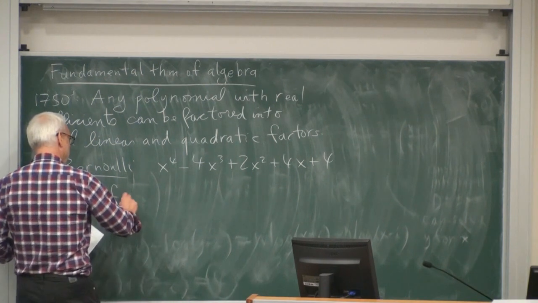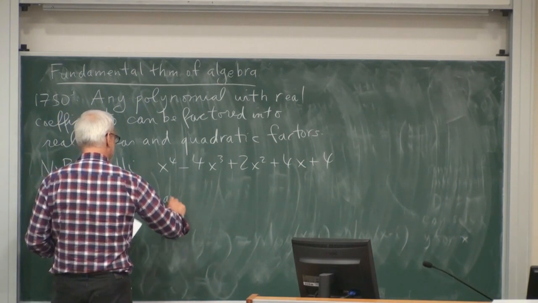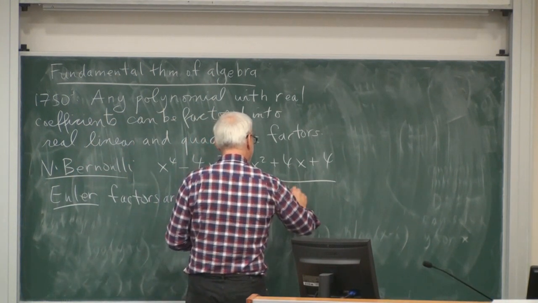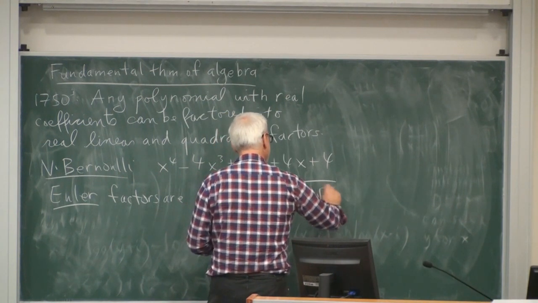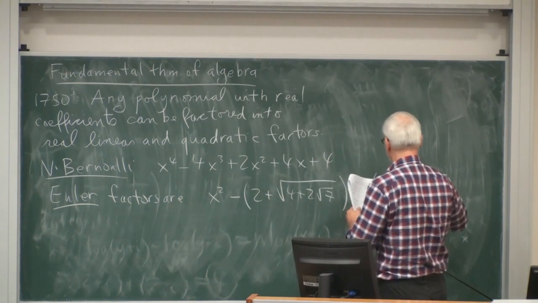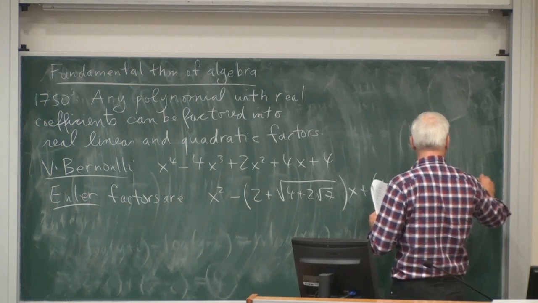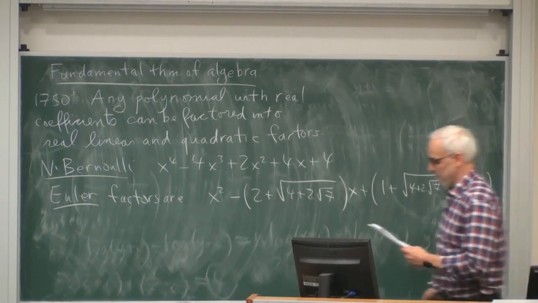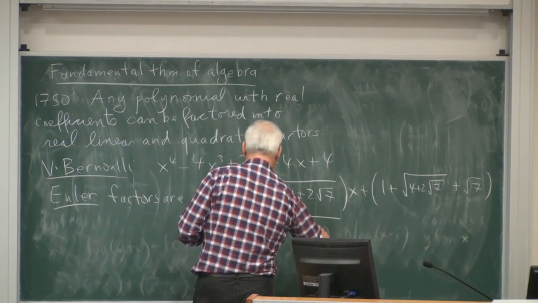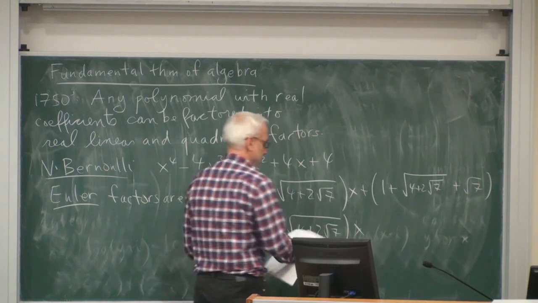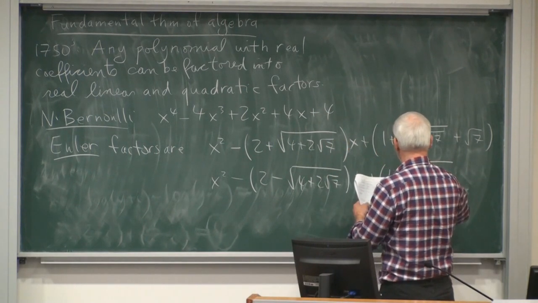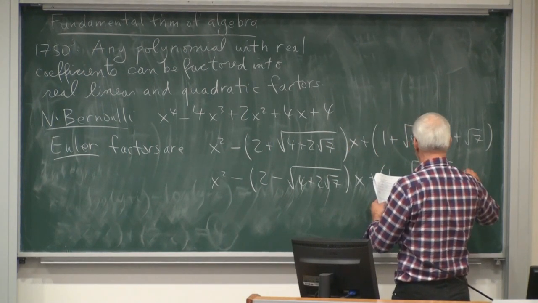There are two factors. The first one is the quadratic x squared minus 2 plus square root of 4 plus 2 square root of 7 x plus 1 plus square root of 4 plus 2 root 7 plus root 7. And the other factor is a lot like that, x squared minus 2 minus square root of 4 plus 2 root 7 x plus 1 minus square root of 4 plus 2 root 7 plus root 7.